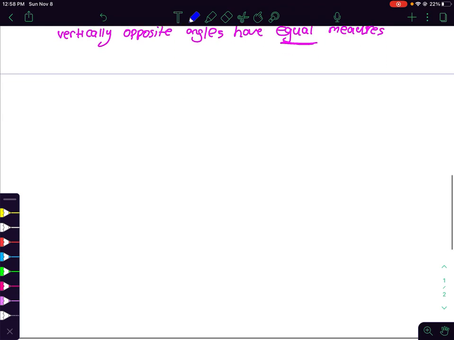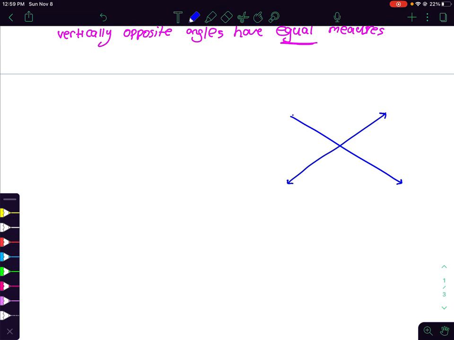Next one, line POQ. Okay, so we have two lines again like that. One line this way and one line this way. The center we have O. Here we have S, Q, R, P. Then that's how we call it.